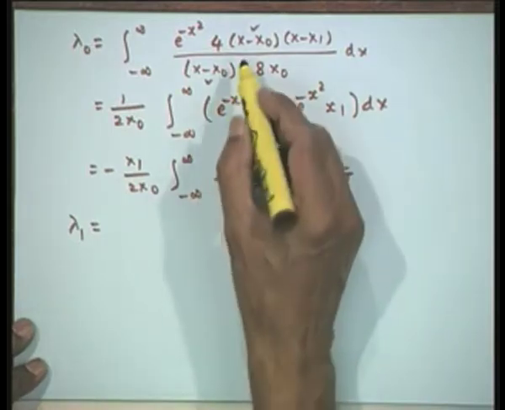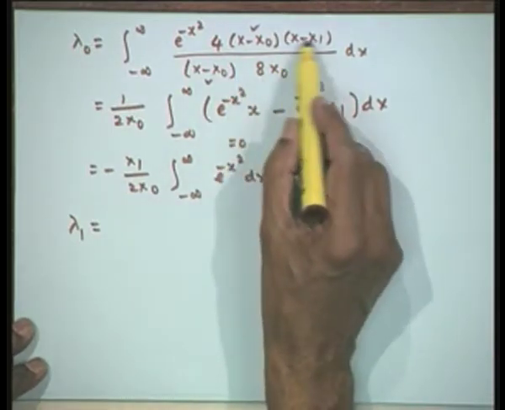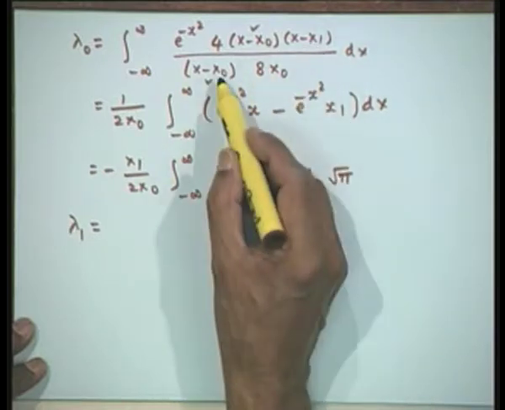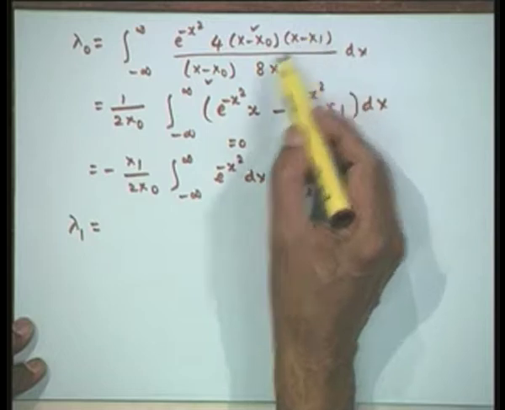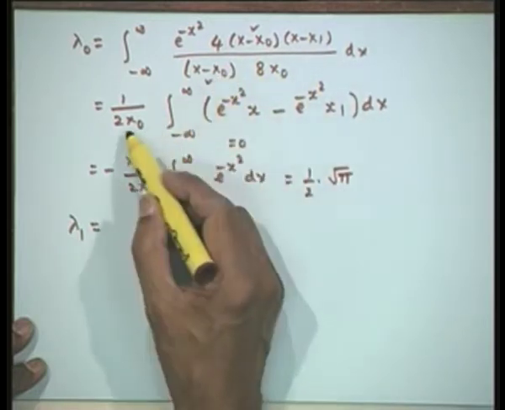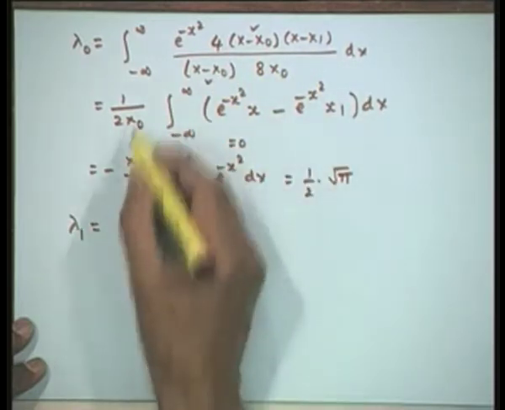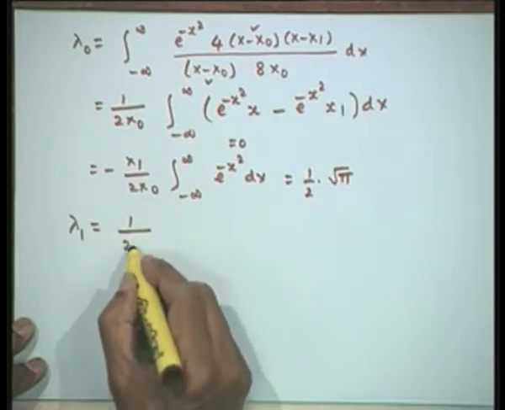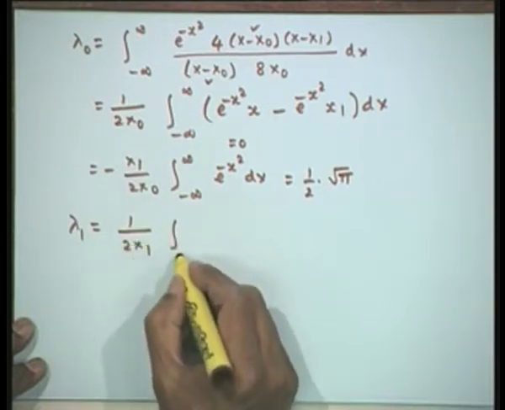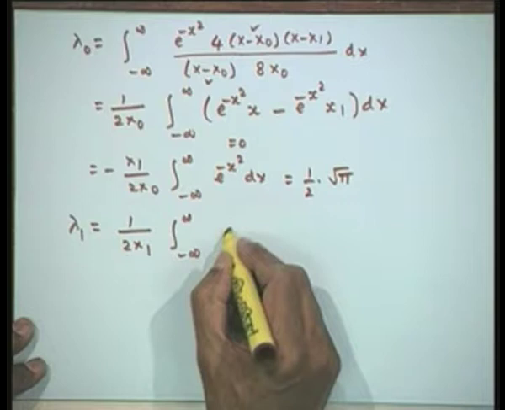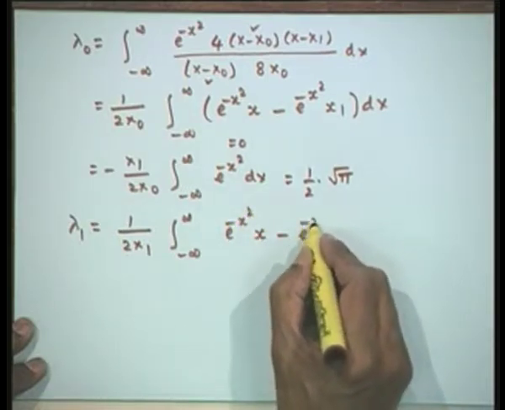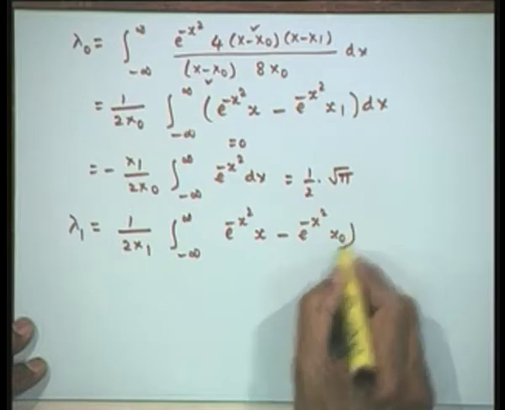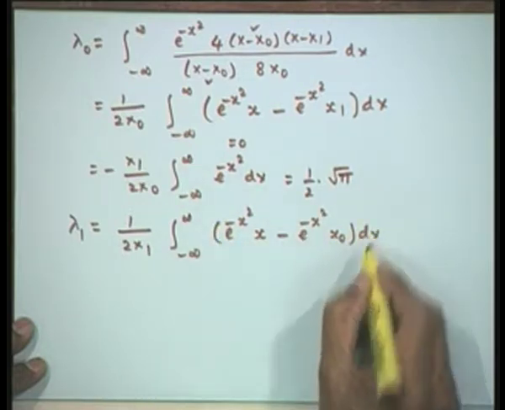We can just look at this one, we have the numerator is the same, denominator is x minus x 1 and this is 8 x 1. Therefore, x minus x 1 cancels and I will have x 1 here. So, this is 2 times x 1, integral from minus infinity to infinity of exponential of minus x square into x minus x naught dx.